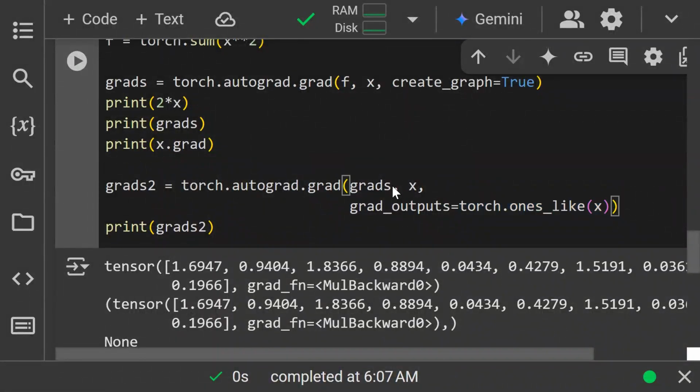Now, in summary, what happens over here is, I cannot write on this, right? So I have to.